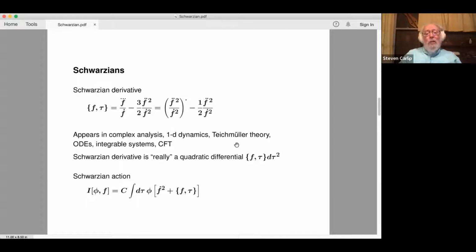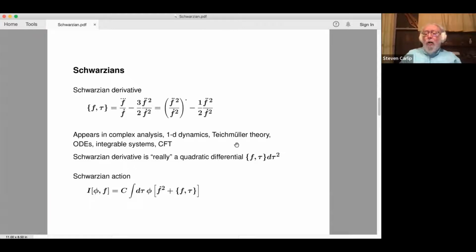It comes up in complex analysis, in one-dimensional dynamics, Teichmuller theory, theory of ordinary differential equations, theory of integrable systems. In two-dimensional conformal field theory, the transformation of the stress energy tensor under a finite diffeomorphism is given by the Schwarzian derivative of the parameter that describes the diffeomorphism.